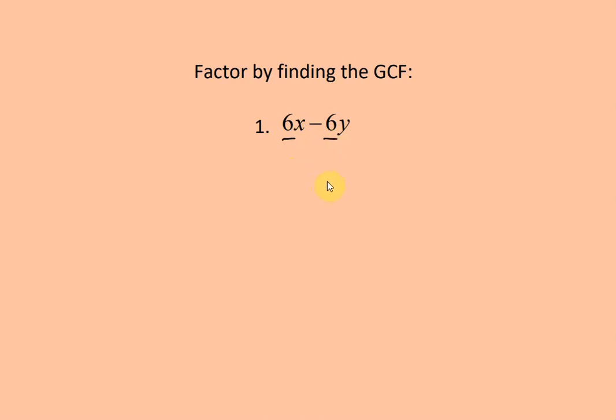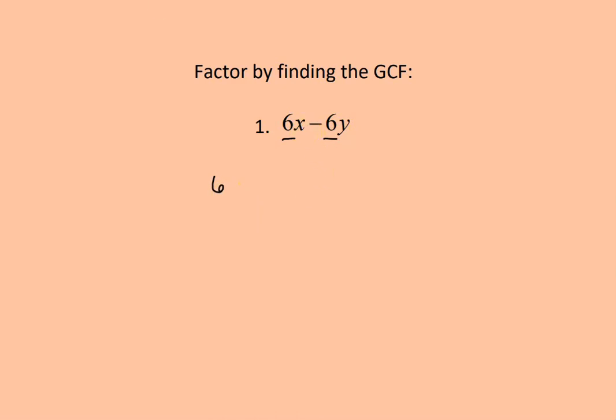That is the greatest common factor that these two numbers have. They have other factors. 2 is a factor of 6, but 2 is not the greatest factor that they have in common. So our greatest number that these two terms have in common is a 6.